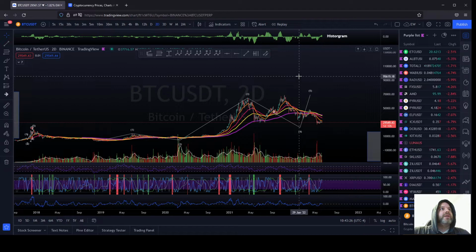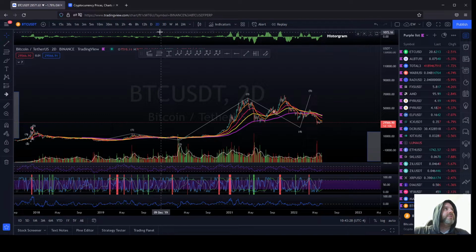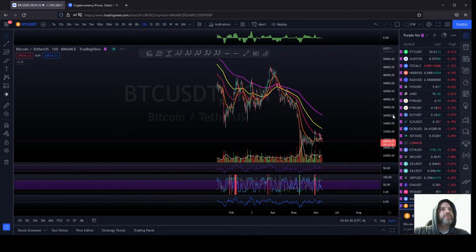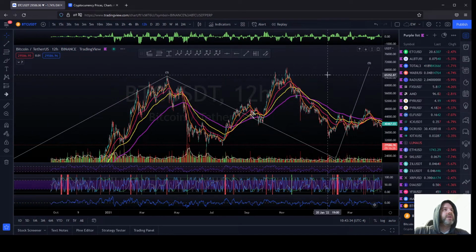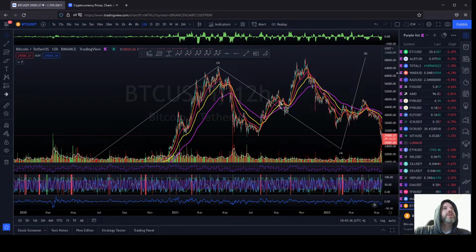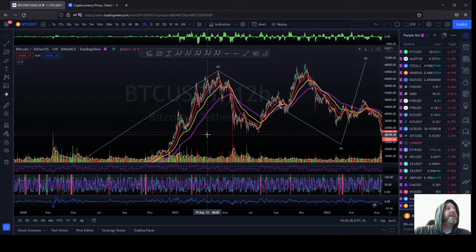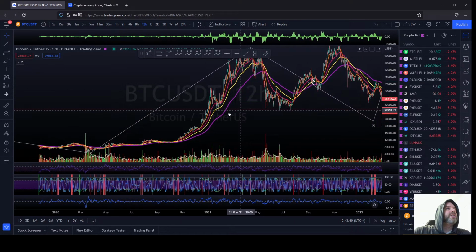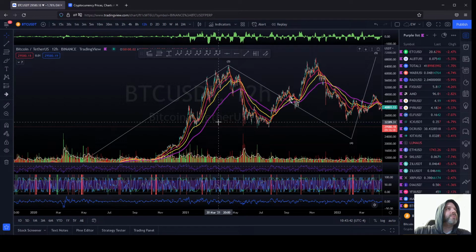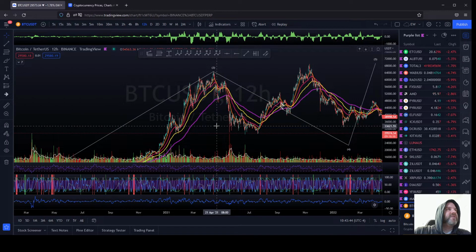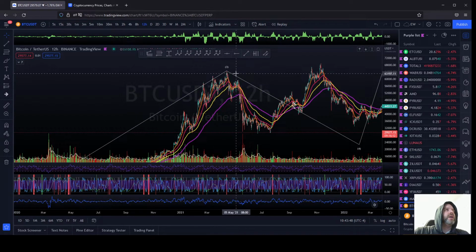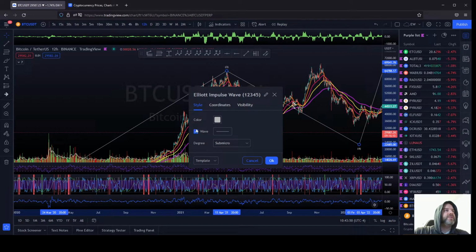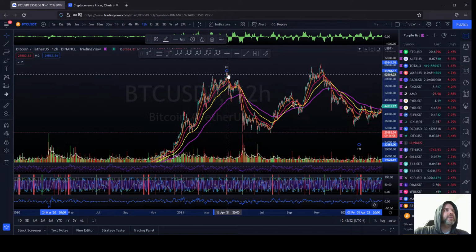So if we measure, we could probably zoom in here and find some good examples on Bitcoin. Let's take this move to the top, specifically the top of wave 3 here. Actually, you know what? Let's get rid of these waves. Just keep the numbers up there.